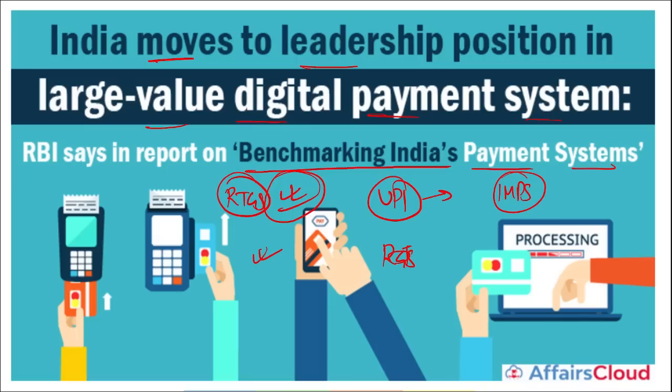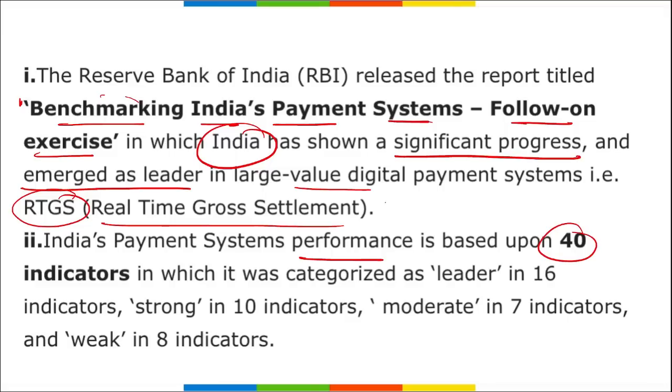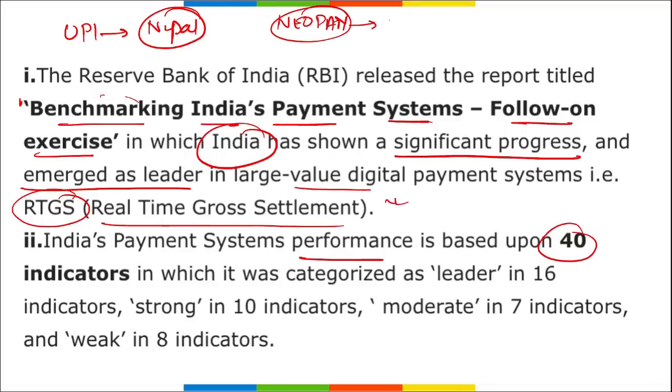So this was the report that you have to remember, that RBI released the report Benchmarking India's Payment System, and recently India has moved to the leadership position in the large value digital payment system of RTGS specifically. If we are talking about UPI, Nepal is the first country where UPI will be deployed. At Neopay terminals in UAE, Bheem UPI was deployed.